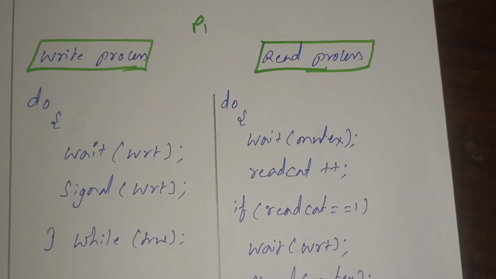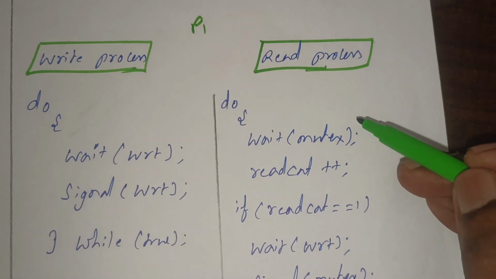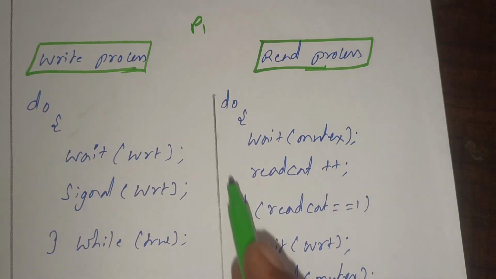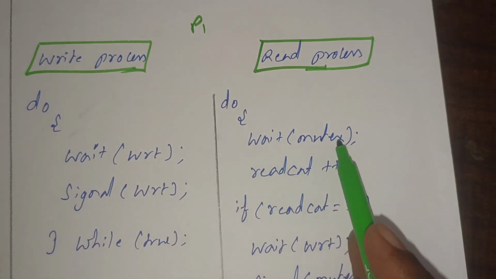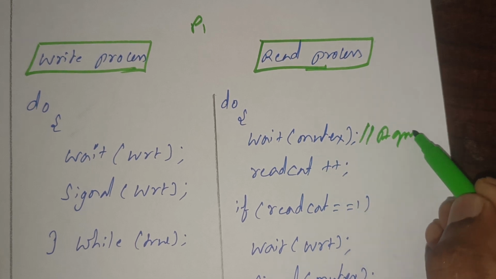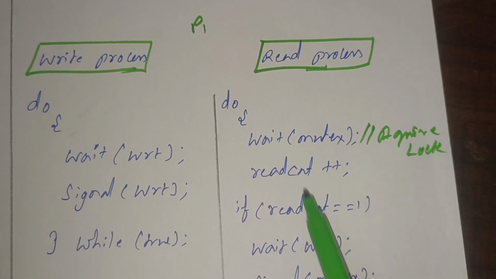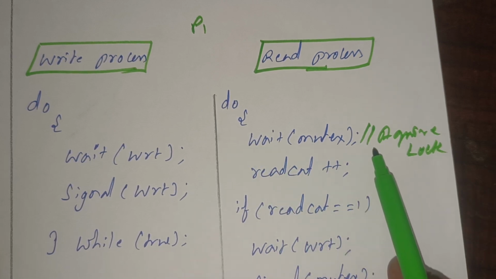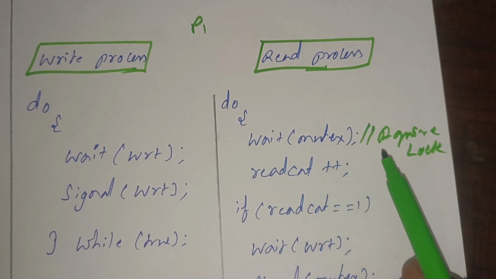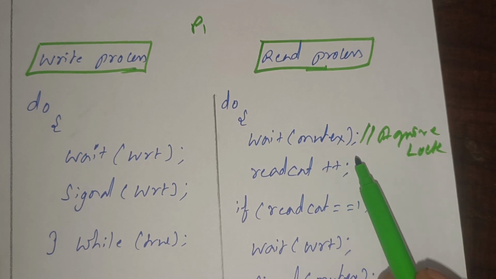So let's get into the read process now. Read has several other extra conditions to be done, right? For example, the first thing is wait mutex, that means to acquire the lock, right? This is for the wait. And once the lock is acquired, that means the condition is false, that means nobody is inside the critical section.